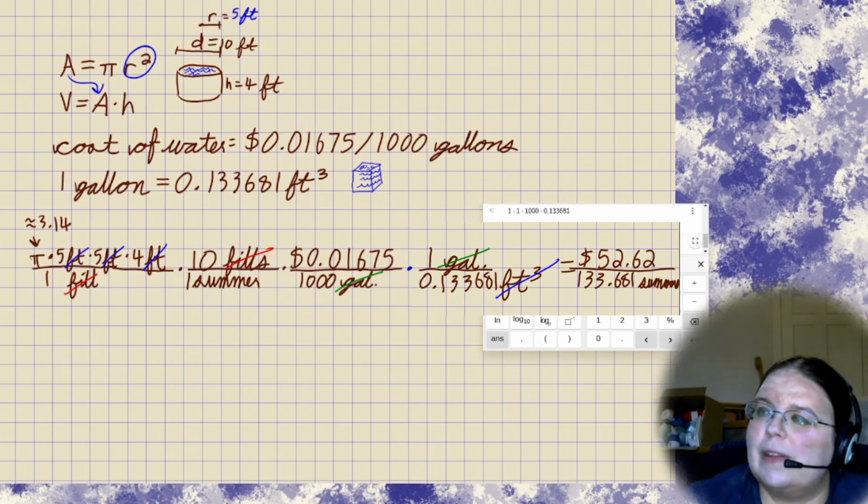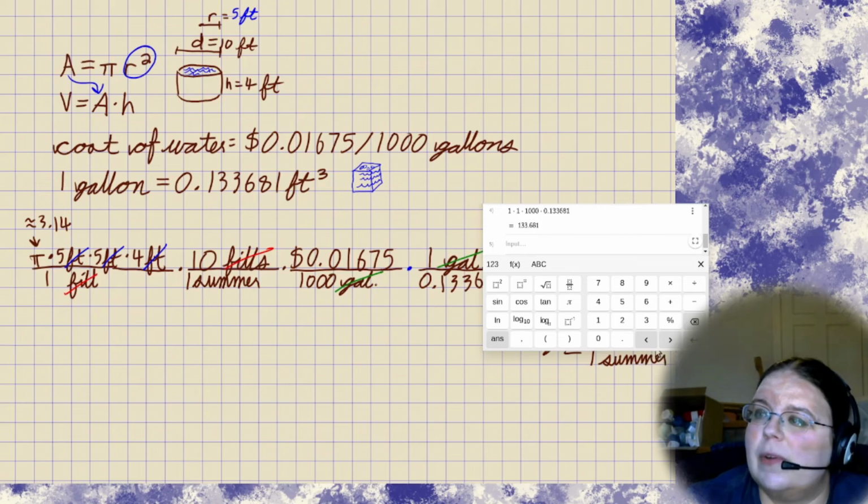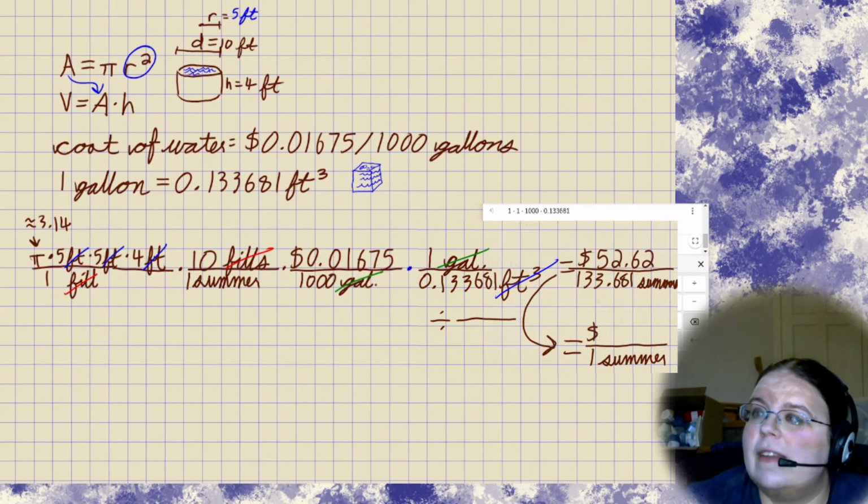Well, that's fine, but no one's going to be using that pool for 133 years. We would like to know the cost for 1 summer. So if we want to know about 1 summer, what we will need to do is divide both parts of the fraction by the same thing. This is just equivalent fractions. Now I see if I need to divide 133.681 by something and get 1, that's going to have to be 133.681.